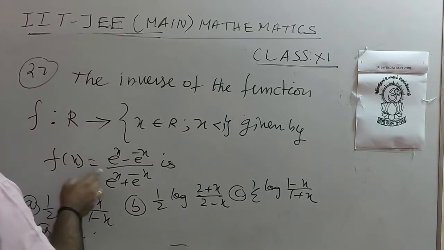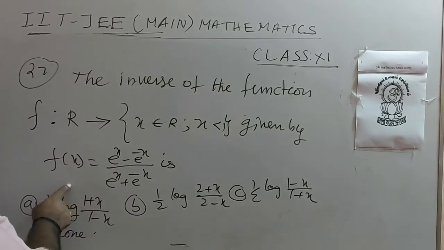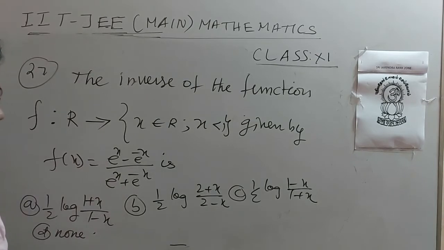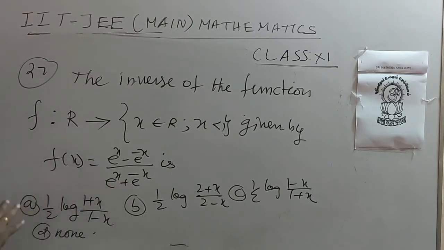If you take two different values x1 and x2, you can easily find the images. If f of x1 equals f of x2, then x1 equals x2. Different elements have different images, equal elements have equal images.